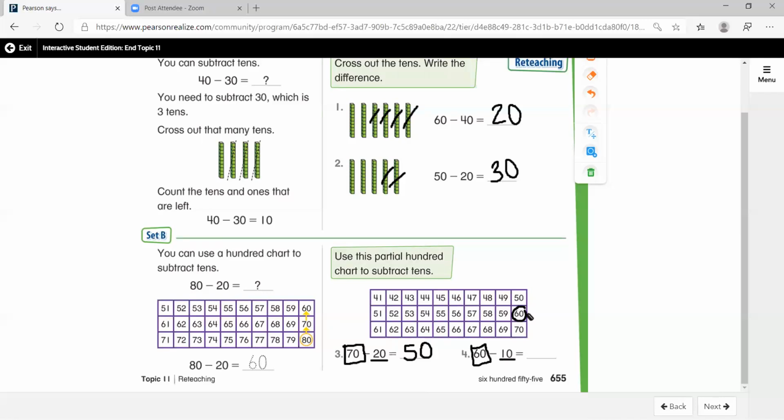So we're going to move up 1 box, and our answer is 50. 70 minus 20 equals 50. 60 minus 10 equals 50. Go ahead and check your answer for number 4. Does it match? Good job.